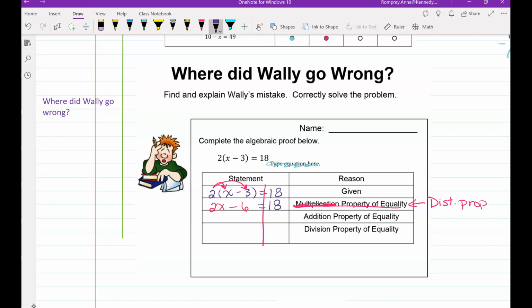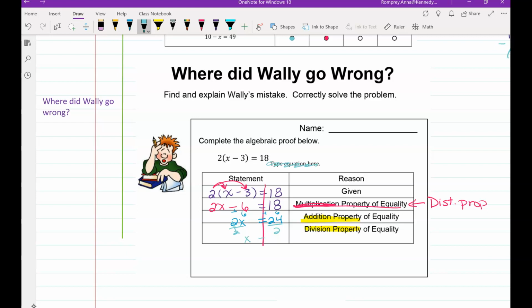Okay, let's make sure that he did everything else correctly. So here he says addition property. Well, what's he doing with the addition property? He's adding the 6. So that makes sense. If we add the 6, we would then get 2x equals 24. And then division property. Well, he's dividing by 2.